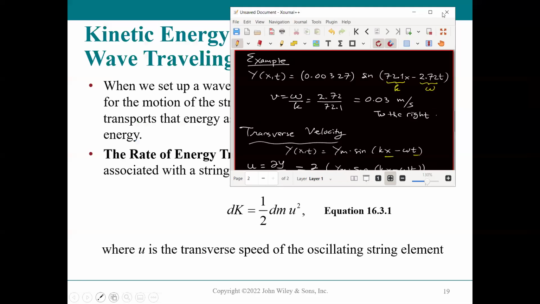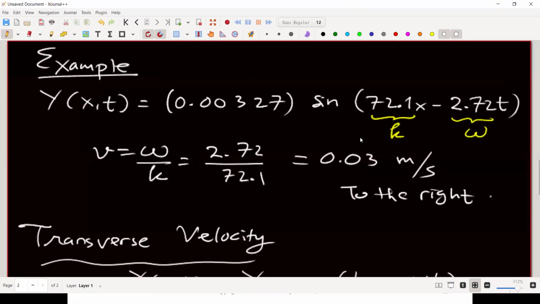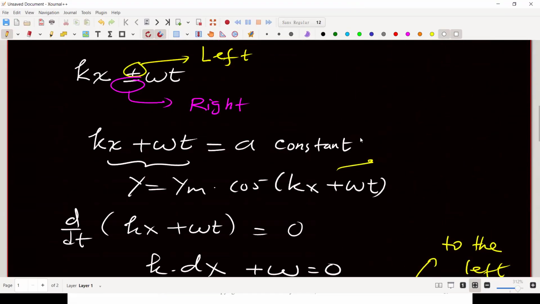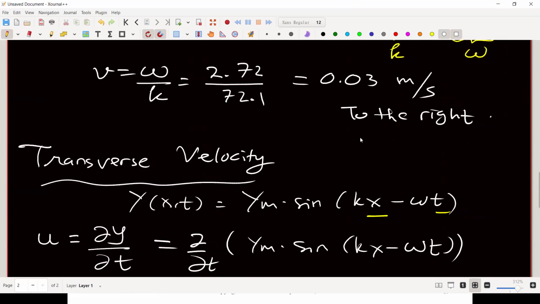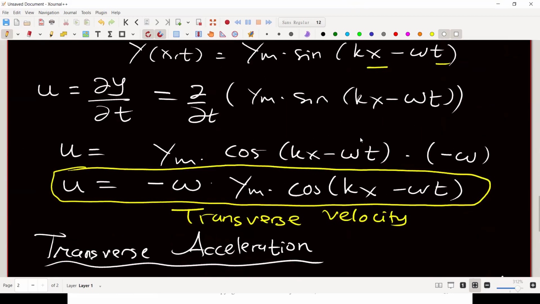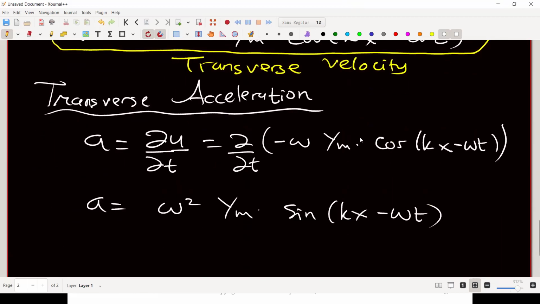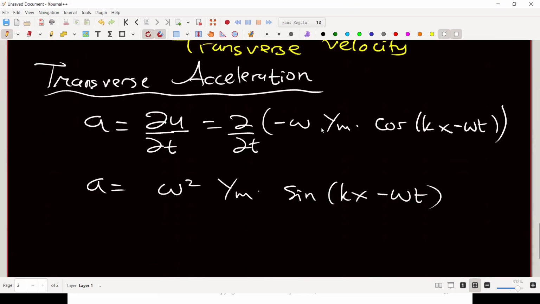But actually, before, we used sine. With minus omega t, the derivative gives minus again positive, but there is a minus, so this one is minus: minus omega squared ym sin(kx minus omega t).